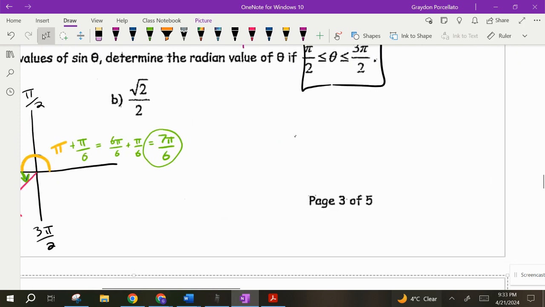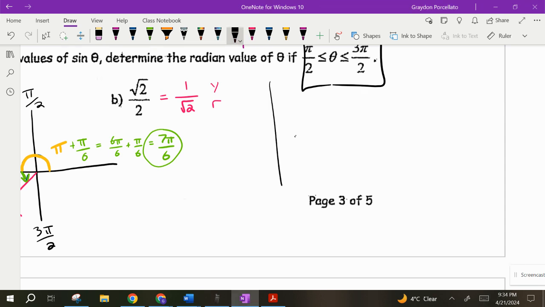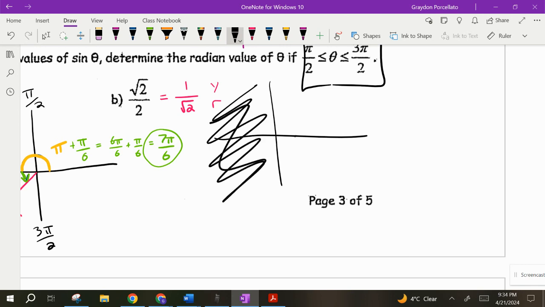Now let's take a look at this next one. This next one here is root 2 over 2. What's important to note here is that this is equivalent to 1 over root 2, where this is my y and this is my r. My y is positive, and remember it has to be on this side because of this here.